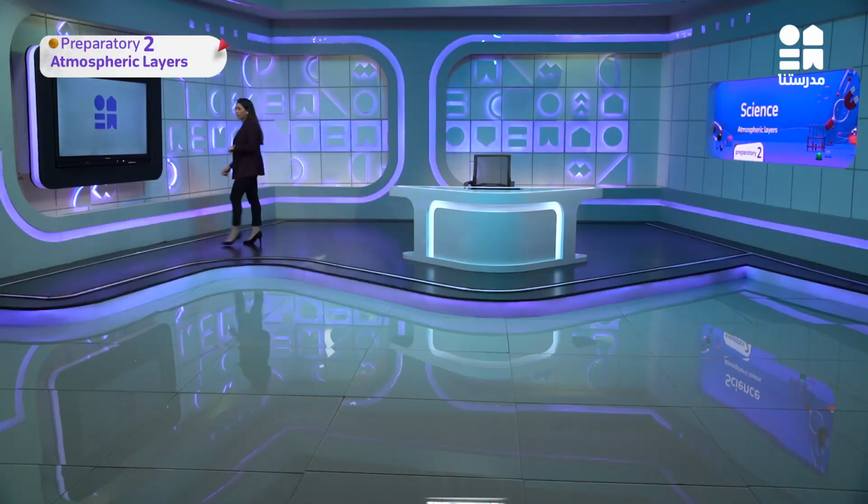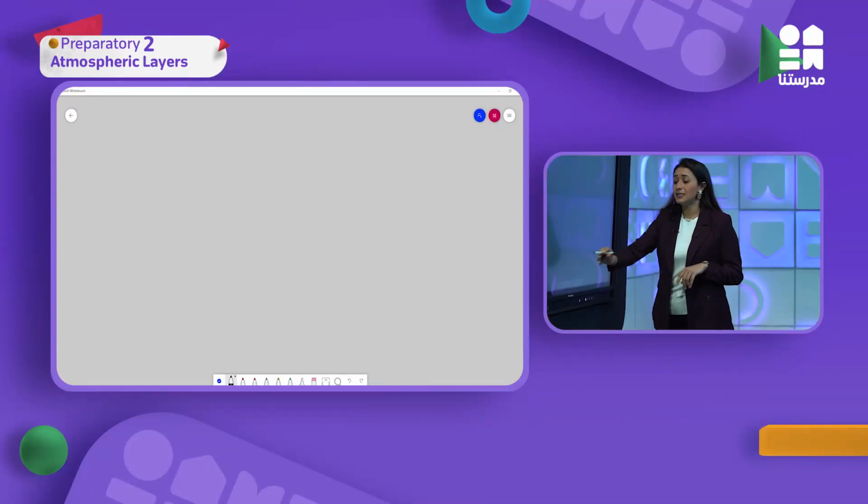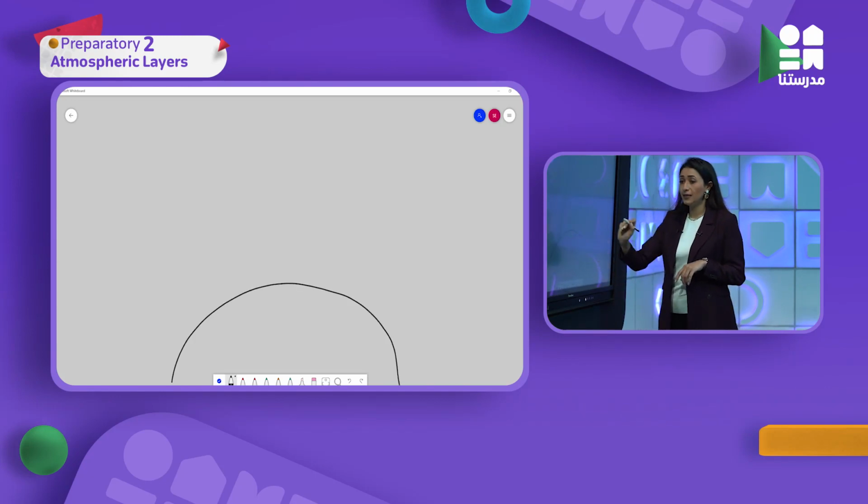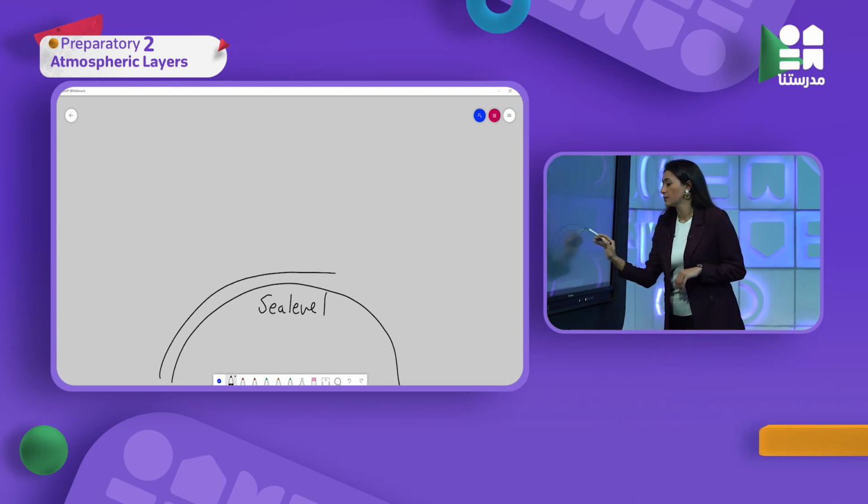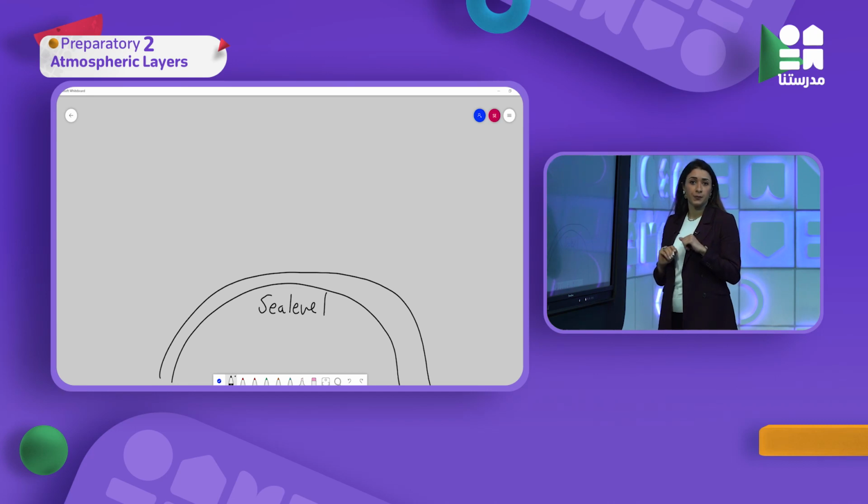Let's see in details the two last layers and what do they consist of together on the screen. طيب let's see together the four layers of the atmospheric layers and the last two layers، التفاصيل بتاعتهم ايه. طيب تعالوا نشوف مع بعض. لو أنا عندي كده، ده يبقى السي ليفل بتاعي، خلاص اوكي، أو الأرث سيرفيس. أول لاير بسميها troposphere، وما بين التروبوسفير والستراتوسفير there's a pause named by the first layer اللي هو التروبوبوز.